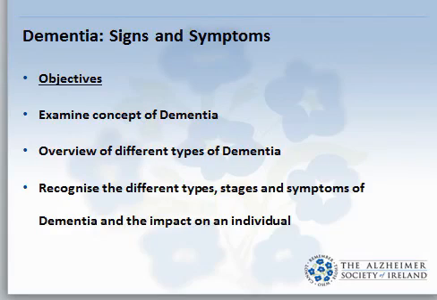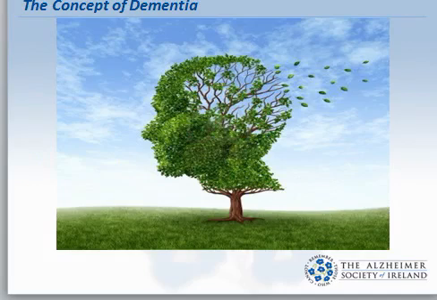Before we do that, we're going to look at the whole concept of dementia, and we sometimes use this picture here when we're trying to explain dementia to small children. It shows a picture of a tree, and you can see a face there on the left hand side.